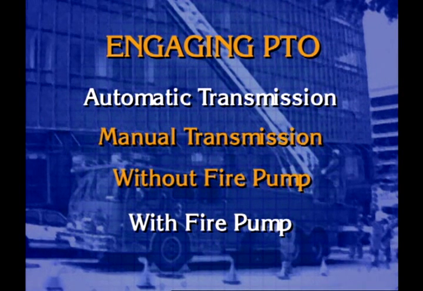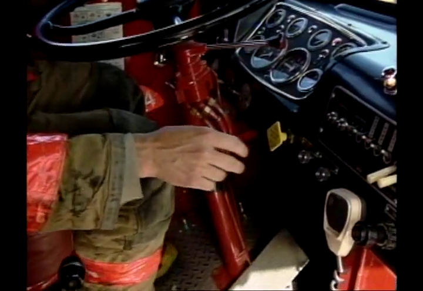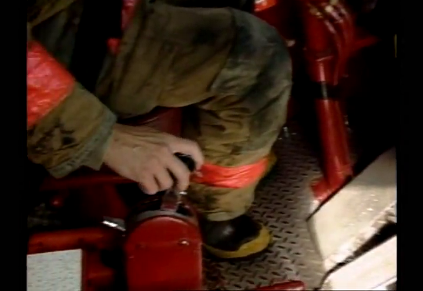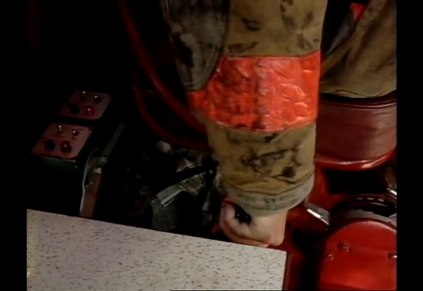Engaging the PTO in an automatic transmission apparatus with a fire pump includes a few more steps. Engage the PTO using the steps demonstrated for an automatic transmission apparatus. Once the transmission is in neutral and the required air or hydraulic pressure is built up, operate the pump shift control as directed by the pump manufacturer.